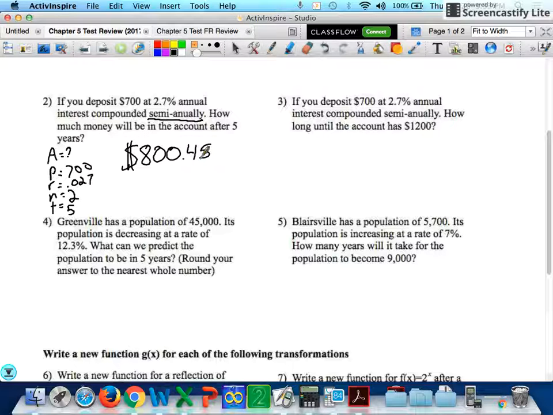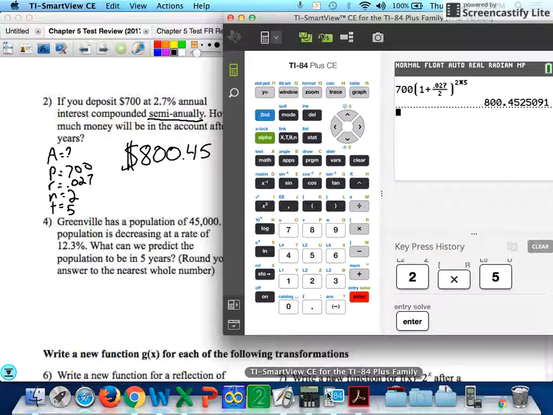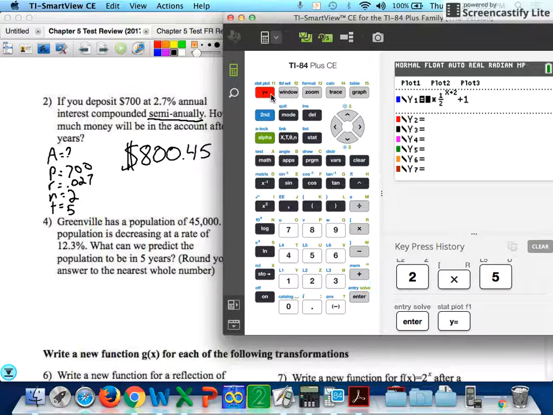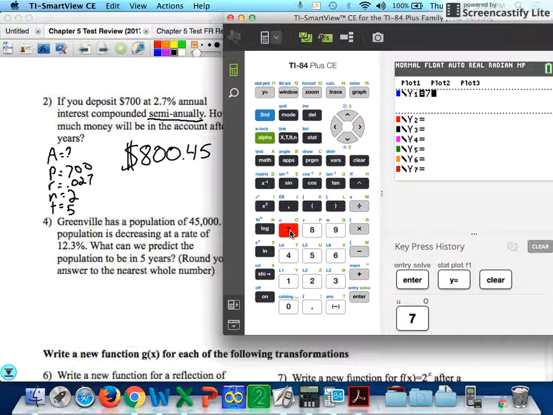Number 3, it's got a lot of the same numbers, and this was a little bit tricky today, so I'll make sure it doesn't happen again. In fact, it's all the same numbers except they didn't tell us what t equals, but they told us that A equals 1,200. So again, we're in our calculator, but now we have to graph it because we're trying to find an intersection between these two formulas. We have 700.